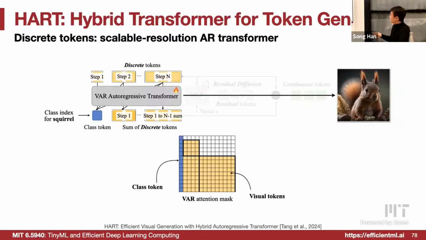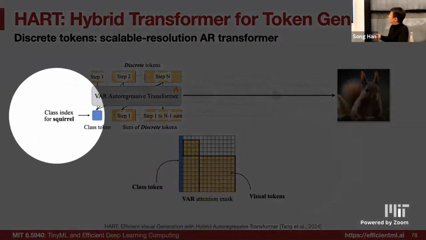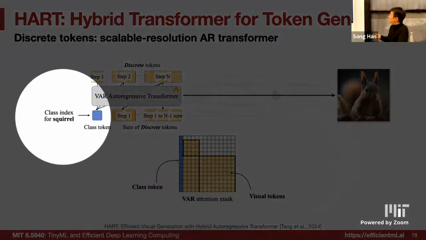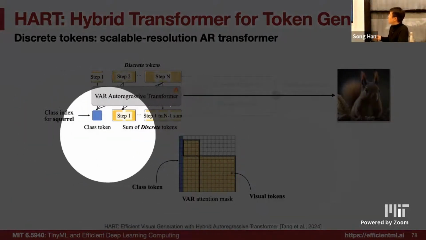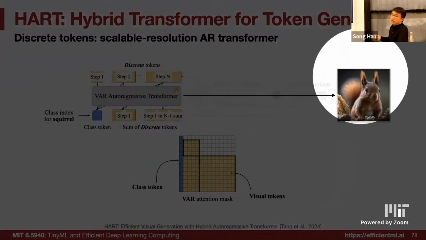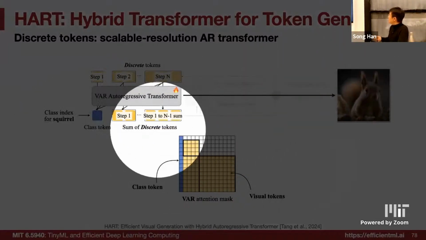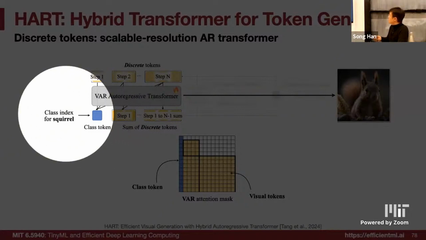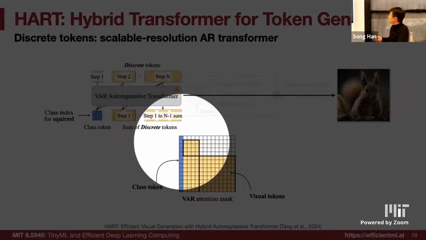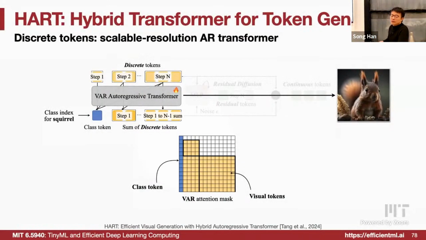Okay, so for class prompts, it is very easy. We just input a class index occupying a single token, like squirrel, and then it's going to generate a squirrel. So we concatenate the first class index with the generated image tokens.